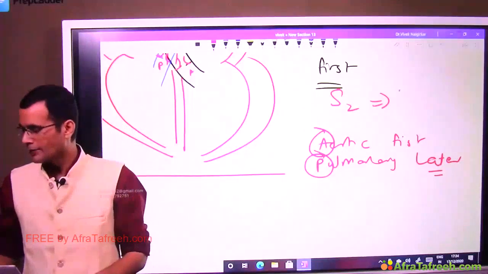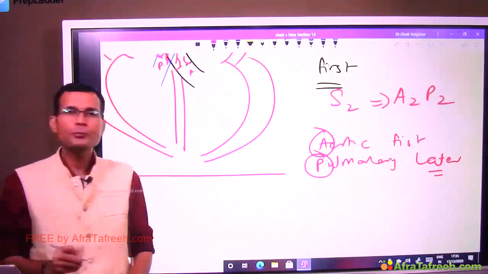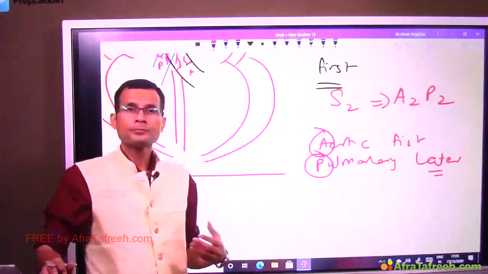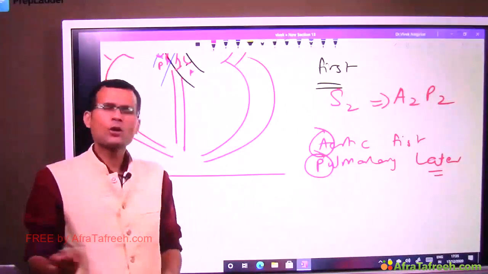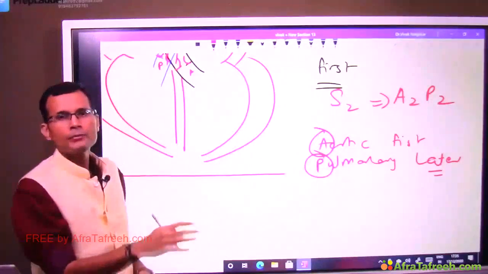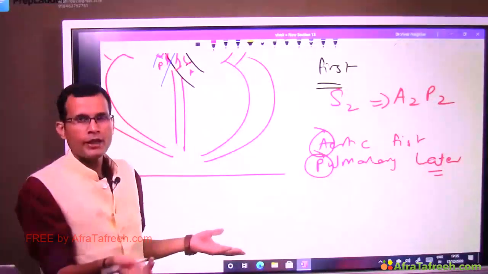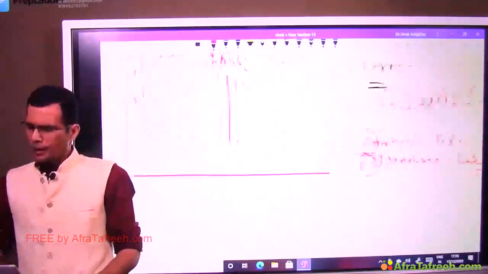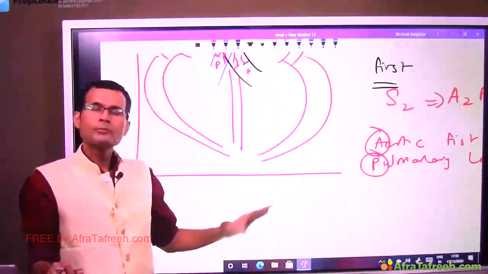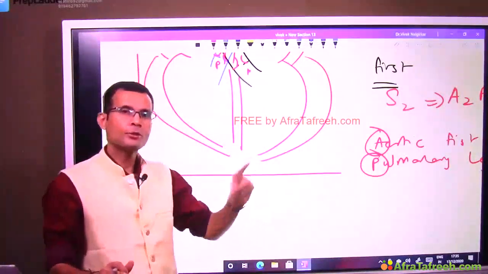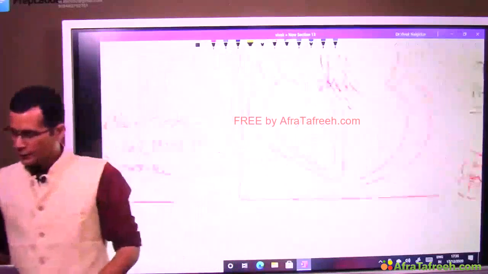Sometimes it is referred to as A2P2, and in conditions like deep inspiration or certain other conditions, the sound will split, and the splitting can be heard. However, normally from both these components we get only one sound to be heard, that's the second heart sound.